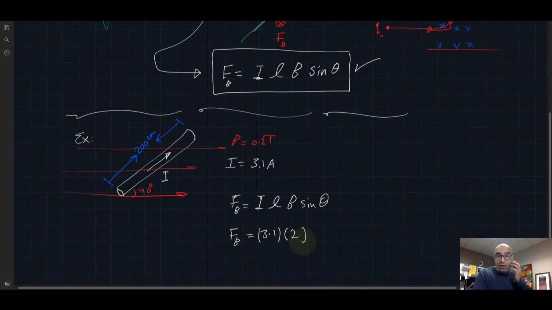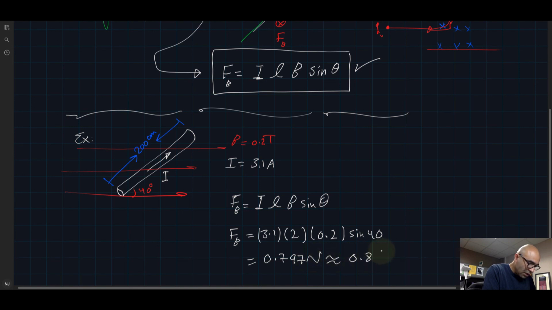Remember, we have to divide by 100 to convert centimeters into meters. B is the magnetic field, which is 0.2. Now the angle is 40 degrees, times sine 40. And if you do some calculation with your calculator, you can get the force is equal to 0.797 Newton, or almost 0.8 Newton.